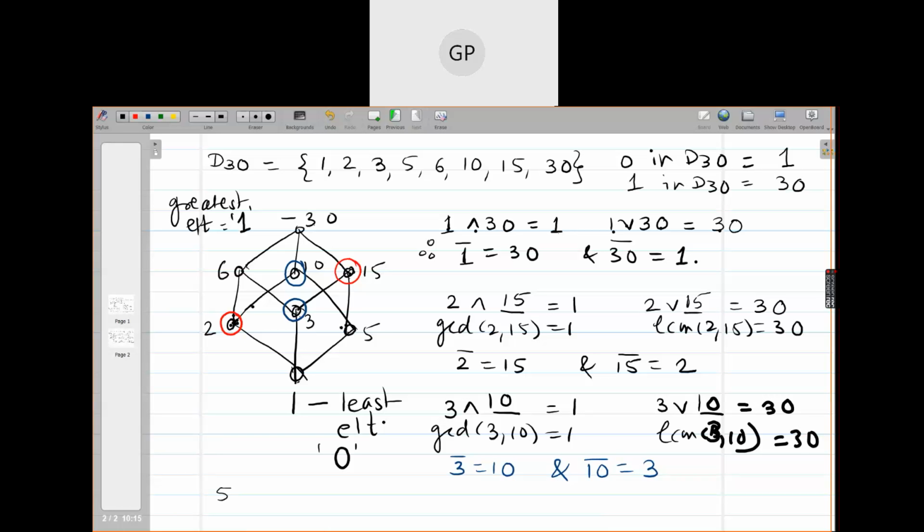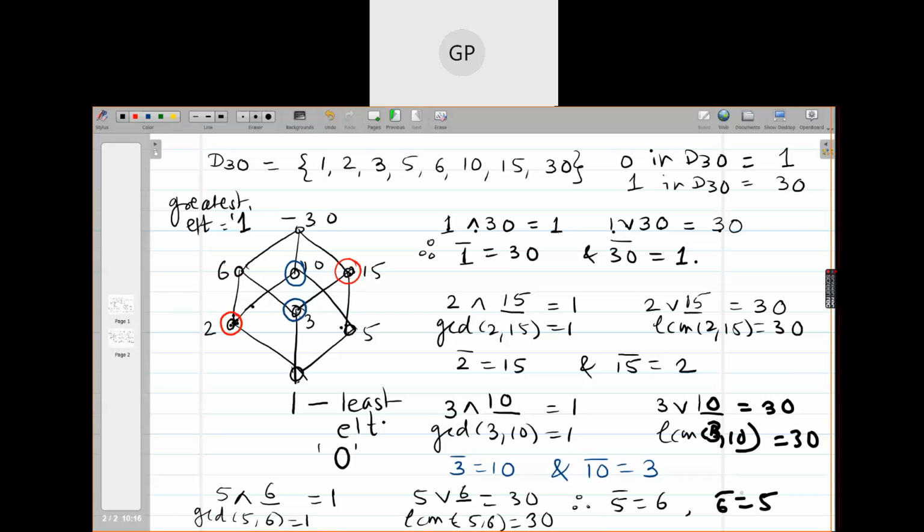Let us find 5 के लिए ऐसा कौन सा एलिमेंट आपको मिल रहा है? 5 meet that element is 1 and 5 join that element is equal to 30. 6, correct. GCD of 5 and 6 is 1. They are co-prime to each other and their LCM is their product. Right? When GCD is 1, the LCM is always the product. Therefore, 5 and 6 are complements of each other. 5 bar is 6 and 6 bar is 5.